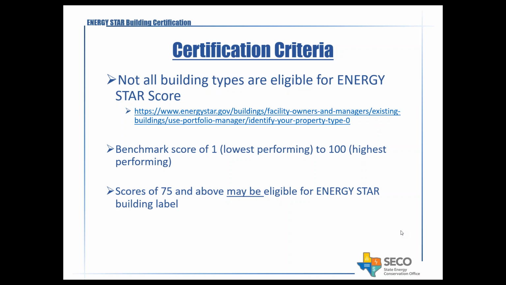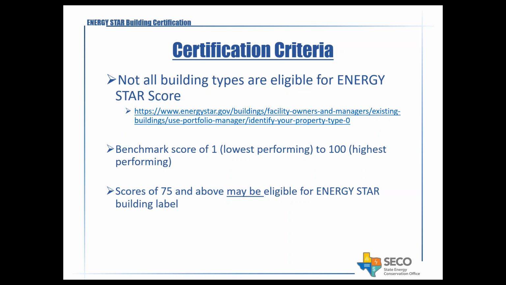So the certification criteria, I want to briefly go over that. Not all building types are eligible for an Energy Star score, and you can find out if your building is eligible by clicking on that website address we have, which lists the requirements for which buildings can have an Energy Star score.